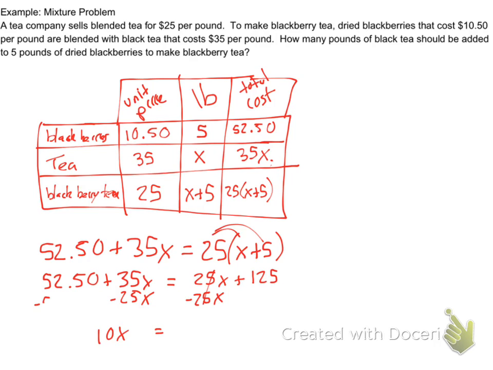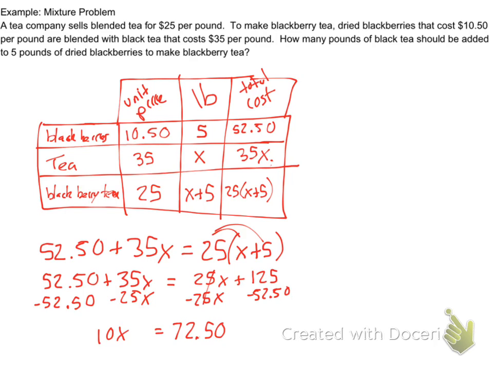Can I do that at one step here, guys? You guys be okay with me subtracting the 52.50? Because what's 125 minus 52.50? $72.50.